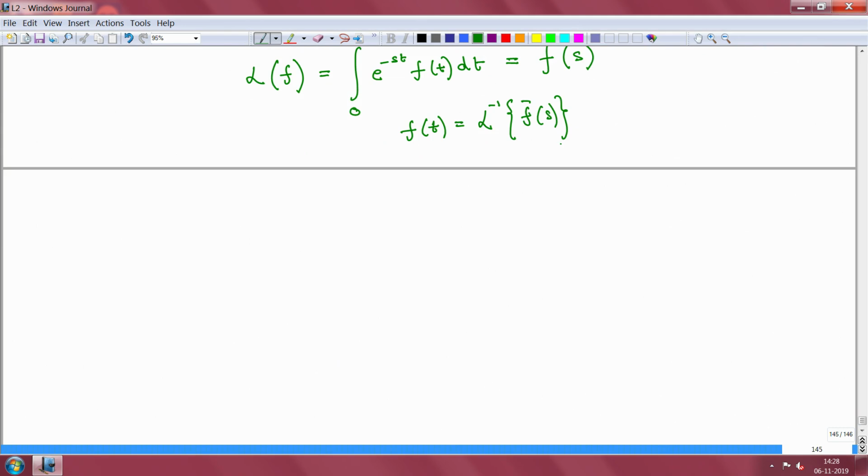So with this definition, you can apply the Laplace operator to a lot of different functions, and you can show what the Laplace transform looks like. Some commonly used Laplace transforms are, for a function f(t), I am just going to list the common ones, and if you want you can derive them for yourself.